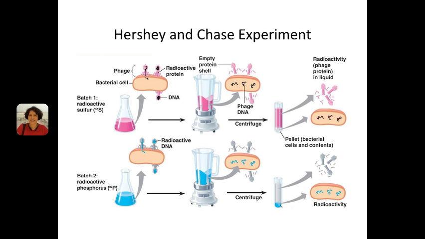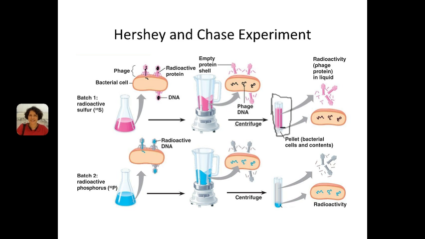So they briefly put it through the blender here, and that is going to separate anything that wasn't inside the bacterial cells. When they now put that mix through the centrifuge, they obtain the result, and here is the tube with the centrifugation, and they find that they get a pellet and they get a supernatant.